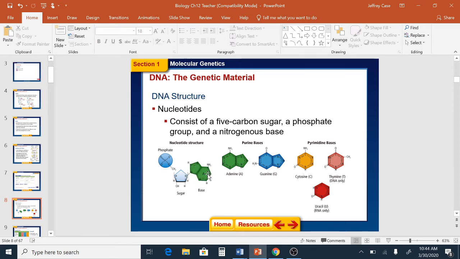So this base can be adenine, guanine, cytosine, thymine, or if we're dealing with RNA, it can be uracil instead of thymine. I'll get more into that later. The sugar and phosphate will remain the same.